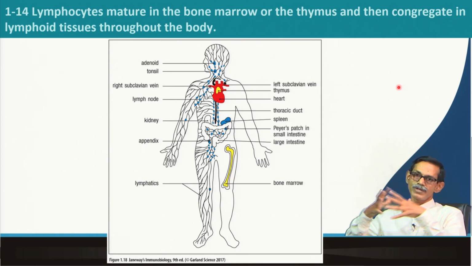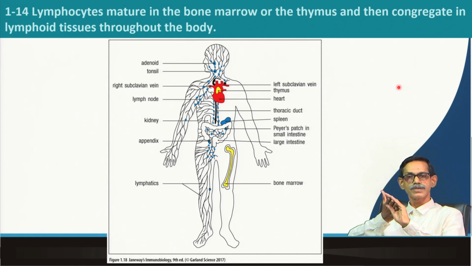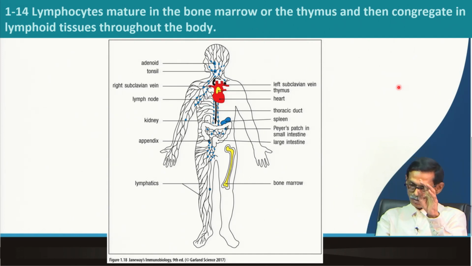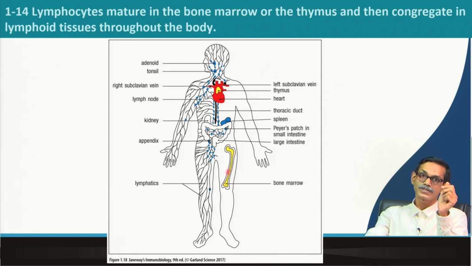So, what we discussed is that cells develop in the bone marrow, and then they get trained. All the cells are developed in bone marrow. Here bone marrow is shown only in the femur, but bone marrow is present in all the bones. This is just for the cartoon.